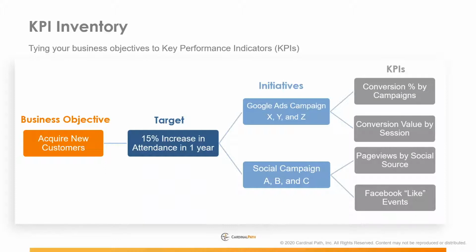We might also have a conversion value by session, which basically means if we're going to send 100 users through on a campaign and bring them back to the website, how much revenue are we actually creating, or better yet, profit are we creating on a per session basis, as people are coming in from that campaign. It helps us to understand the overall impact, targeting efficiency as well, and the process and the funnel that users go through on our website to determine the effectiveness of that user experience in driving outcomes.